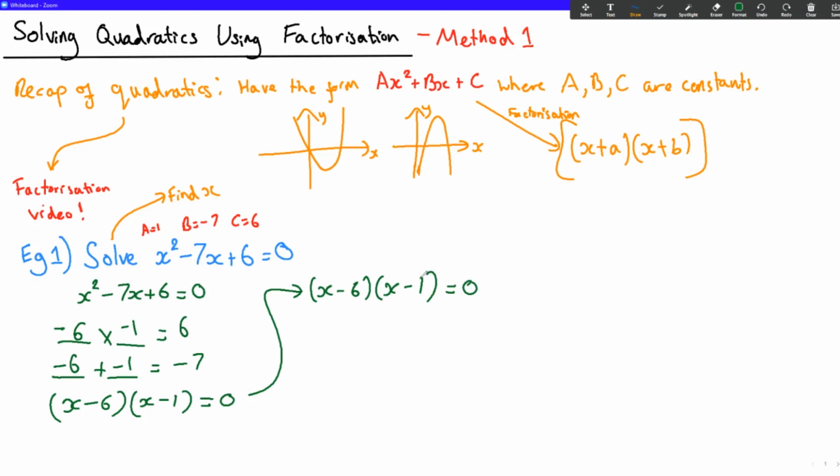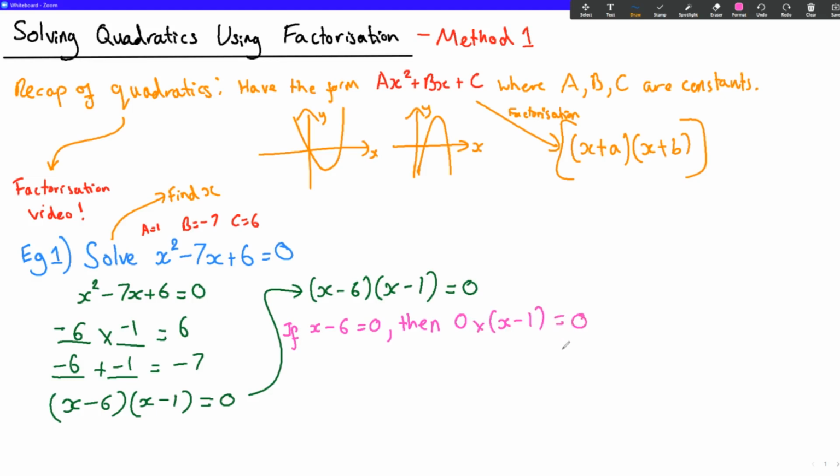Now let's think about it a little bit and see, when can this term here, or the left hand side, equal 0? Because we want it to equal 0. Now for example, if x minus 6 equals 0, then we have this equal to 0, so we'll have 0 times x minus 1.